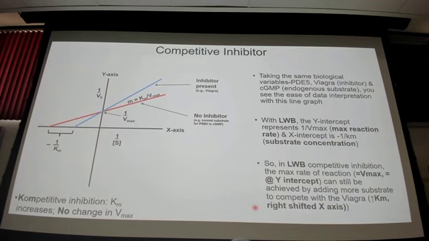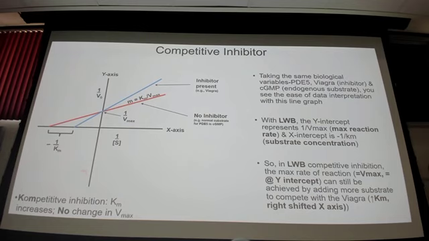And on the x-axis, you see this red line, no inhibitor, blue line, inhibitor. So that's right shifted, right? So that means a greater Km for this blue line. Does that make sense? So more substrate is needed in order to achieve the same Vmax.